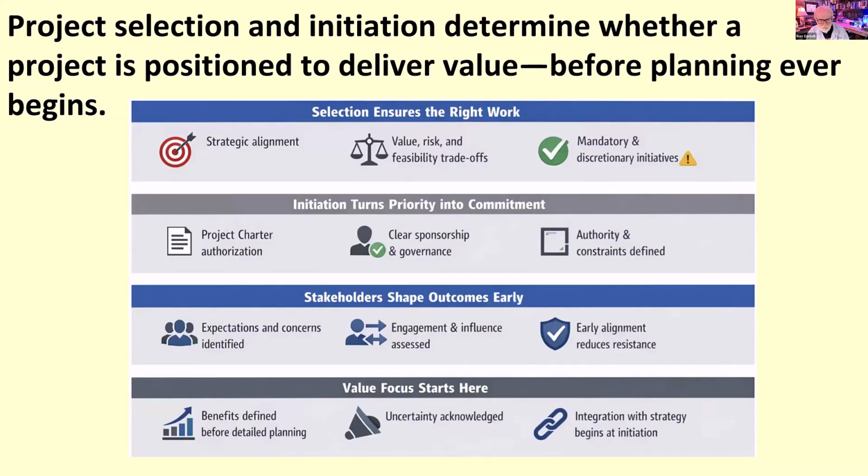The emphasis here is that value delivery, stakeholder alignment, and governance are not just processes. They're things that we need to get straight in the beginning so we have a good foundation.